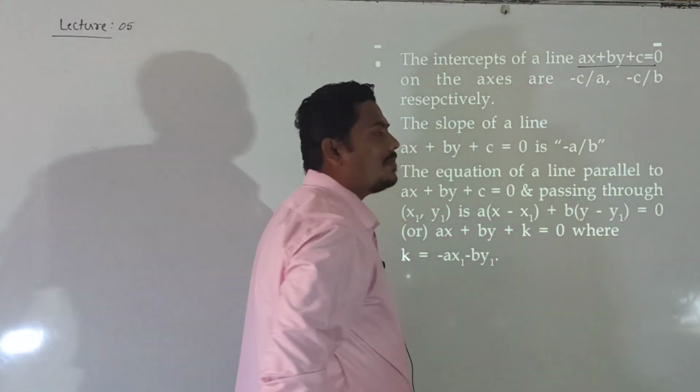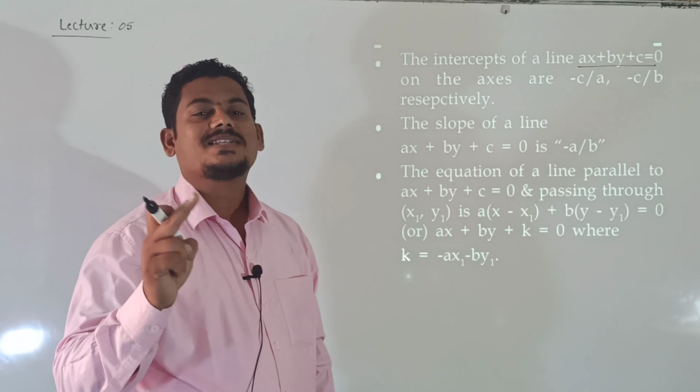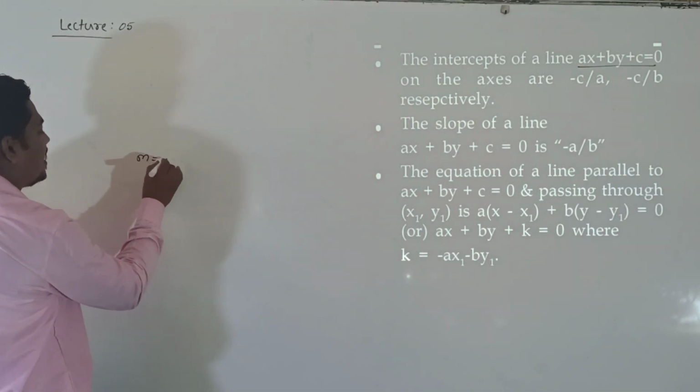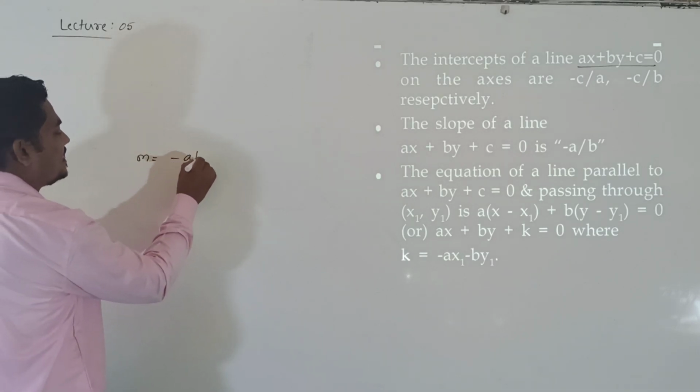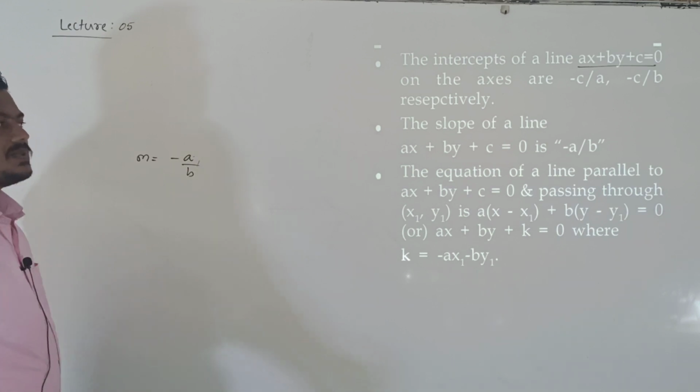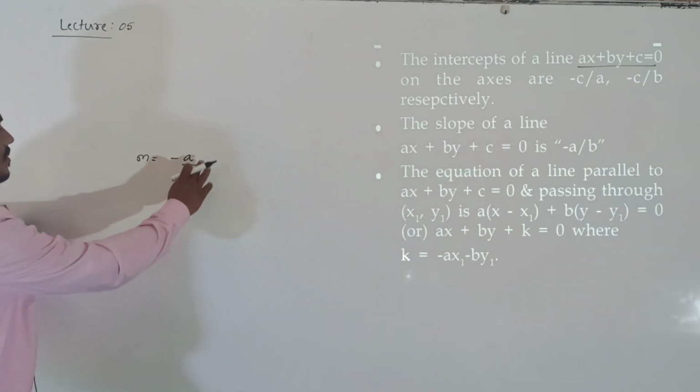Tell me what is the slope of this line? Slope of the general equation of the straight line, m is equal to minus a divided by b. Minus a is the coefficient of x and b is the coefficient of y.